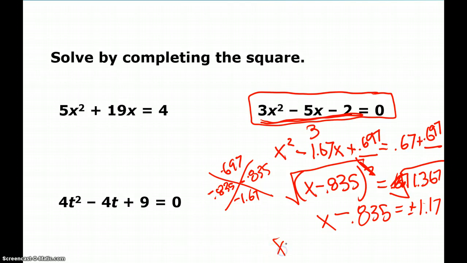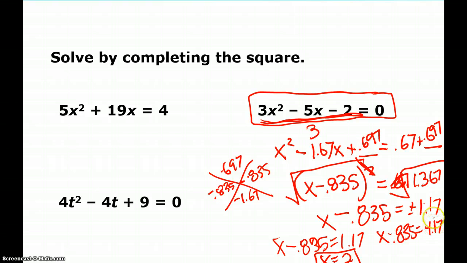So I have x minus 0.835 equals 1.17. x minus 0.835 equals negative 1.17. So I add that and I add that, and I get 2. x equals 2.